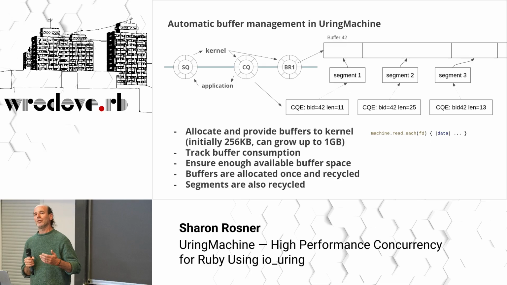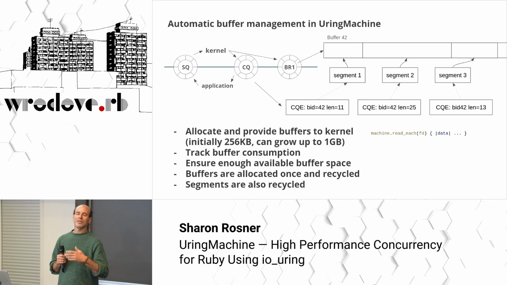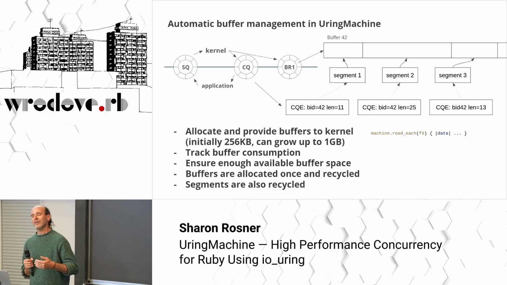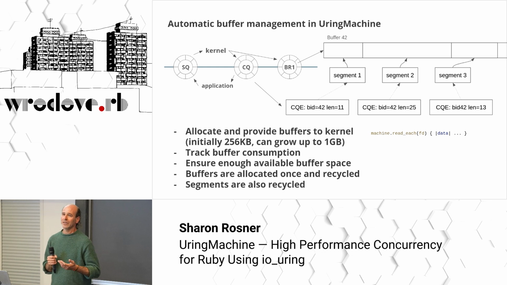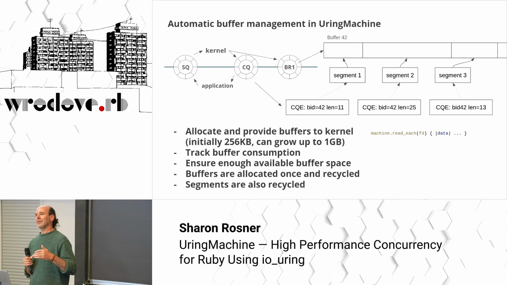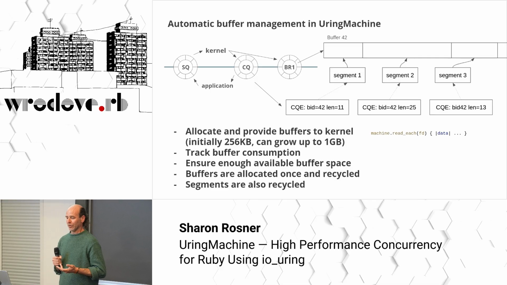And as CQEs arrive, it will track also where data was read for each CQE, and it also tracks the amount of buffer space that is left for use. If that buffer space falls below a certain threshold, it will allocate additional buffers and provide them to the kernel.